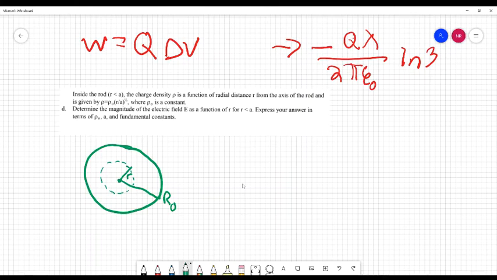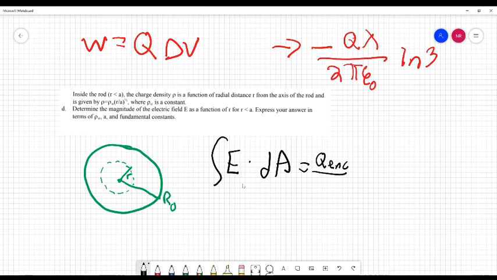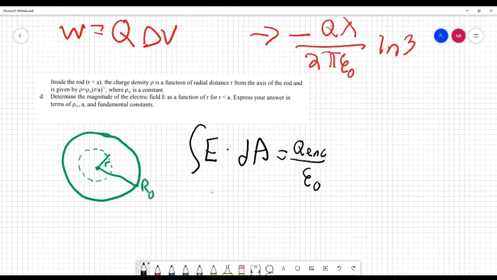So we can just start off with setting up the formula, which is the integral of E dot dA equals Q enclosed over epsilon naught. And now the difficult-ish part would be finding Q enclosed. So we can move the epsilon naught to the other side for simplicity's sake.